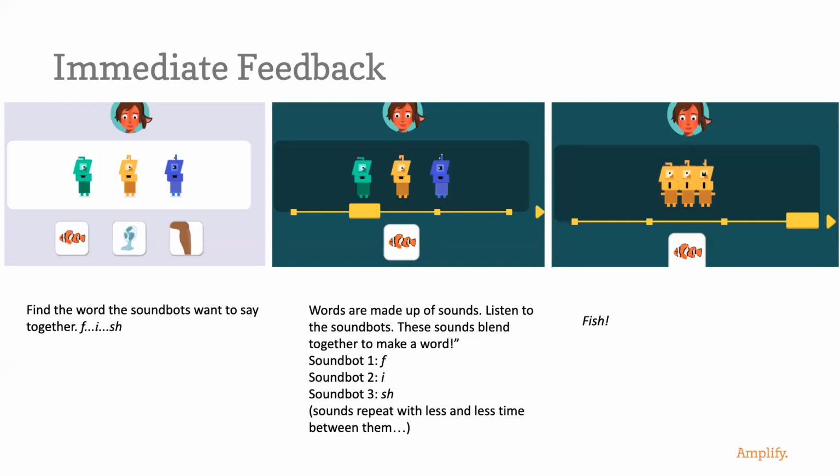So you'll see here each notch on this line makes the sound bots read the sounds closer and closer together. So this is first modeled, and then the students can actually manipulate the slider on their own in order to really hear how when you bring those sounds closer together, you get the word fish. And then when students, of course, answer items correctly in a game, they are provided with positive feedback that affirms their correct response.